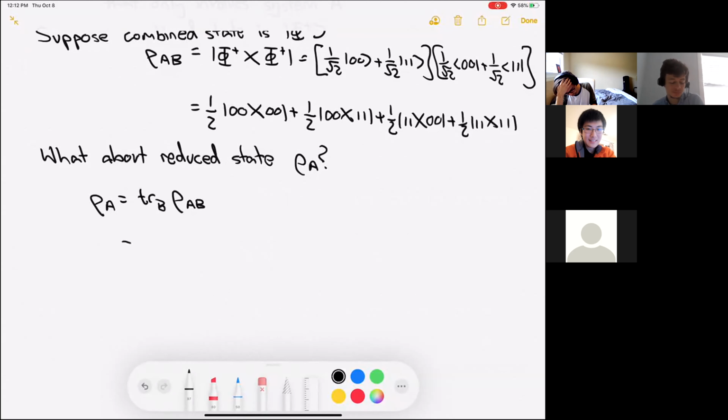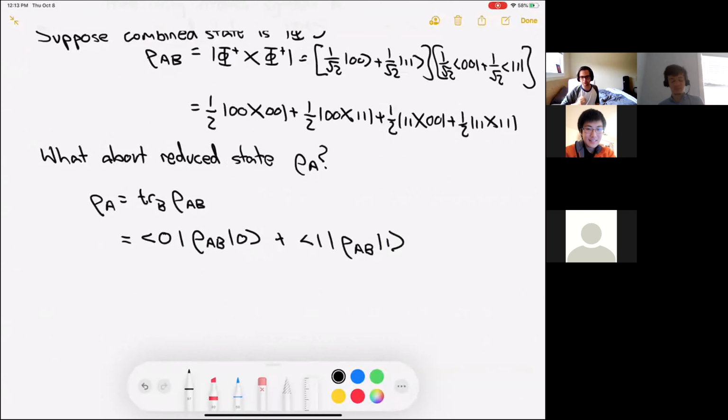So what is that? It's <0|rho AB|0> plus <1|rho AB|1>.